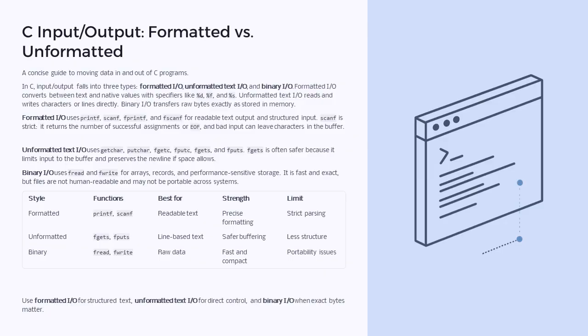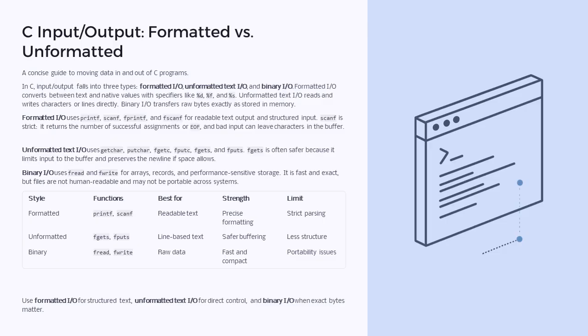Scanf is strict. It returns the number of successful assignments or end of file, and bad input can leave characters in the buffer. Unformatted text I/O uses getchar, putchar, fgetc, fputc and fgets and fputs.